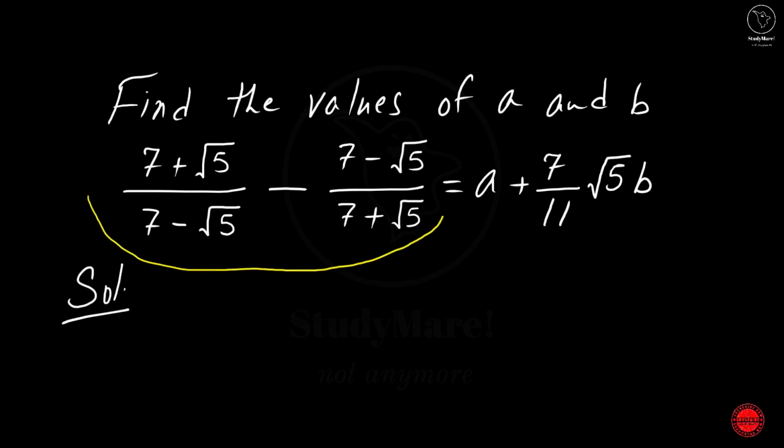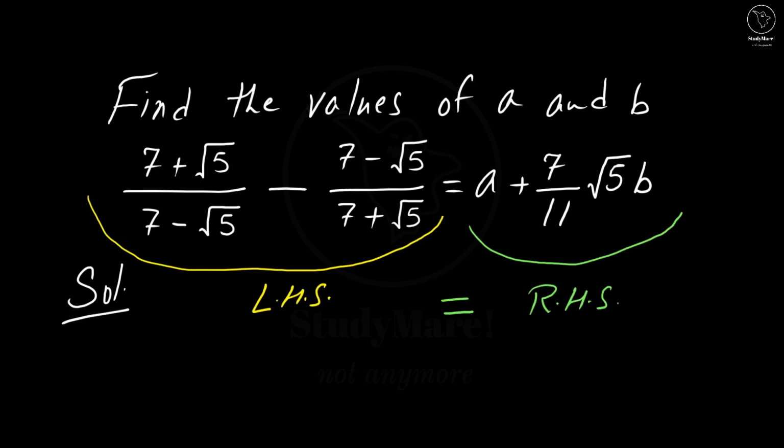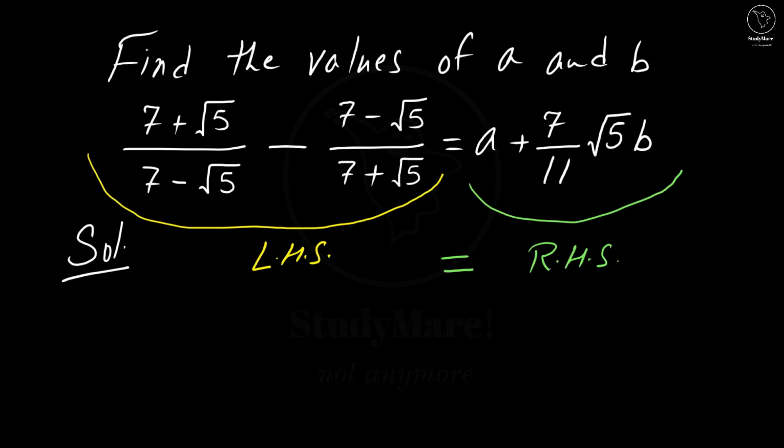Here, this is your LHS and this is your RHS, and both are equal. As we have done in some of the previous questions, RHS looks almost simplified while LHS is not.